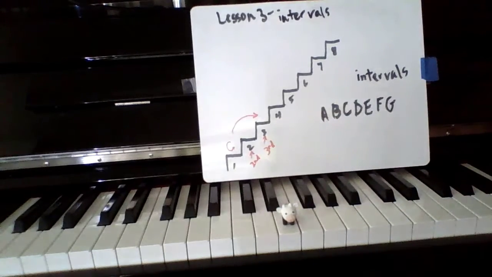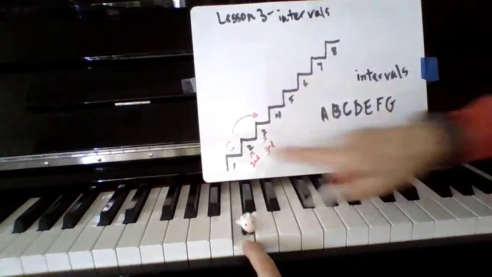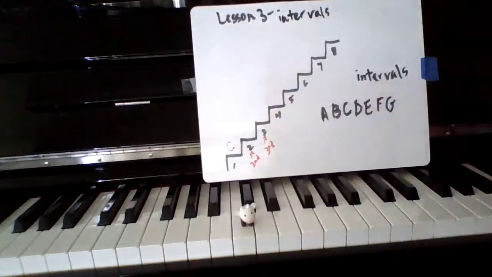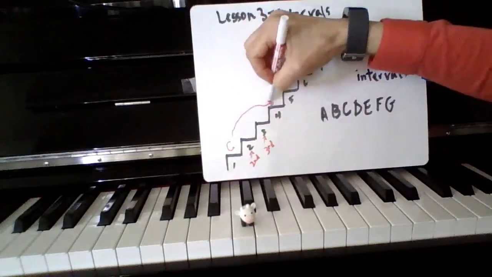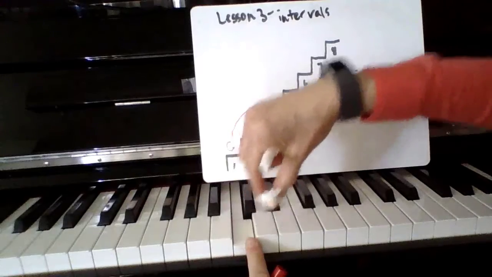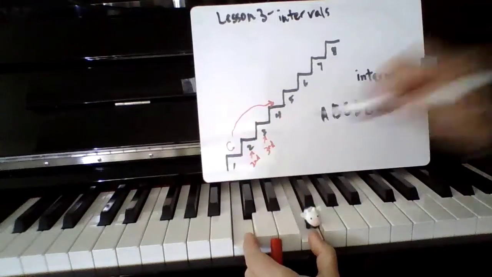And we can do this all the way up. So here he is on the C. Say he goes up to the fourth step. 1, 2, 3, 4. That's a fourth.